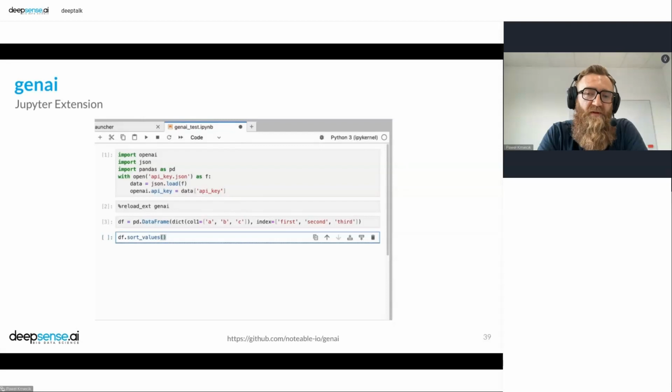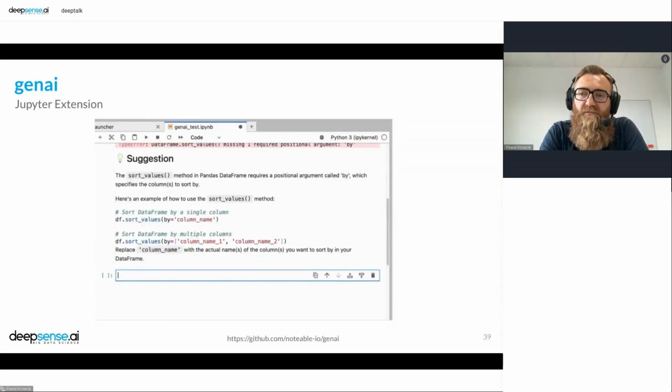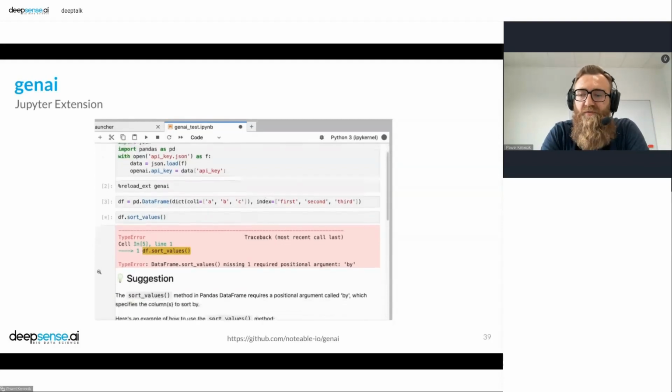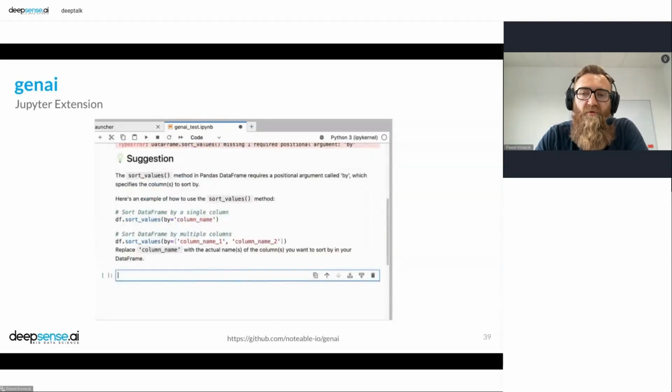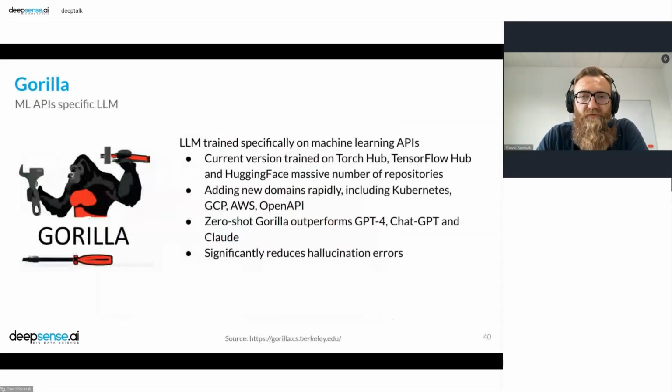Here I'm having some issue with sort, and the extension is giving me some explanation what's wrong and how can I fix it, and it's built into Jupyter notebook. Pretty nice.